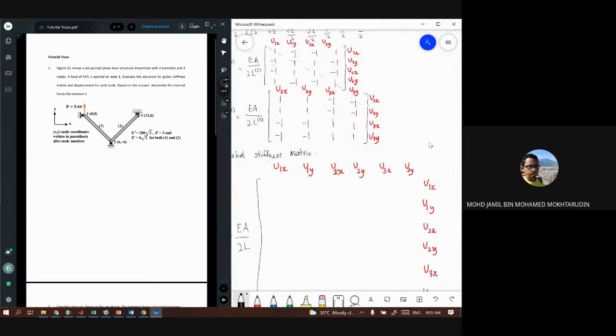Okay, so before that, you need to look at the common node. So here the common node is node number 2. Okay, so node number 2 is shared by both of the bars. So it's better to fill the global stiffness matrix with the nodes that are not common first, like node number 1 and node number 3. So you fill the matrix with these 2 nodes first.